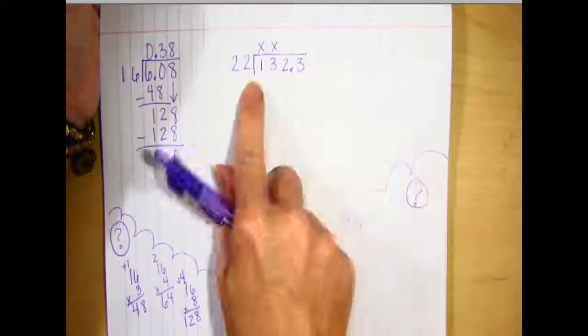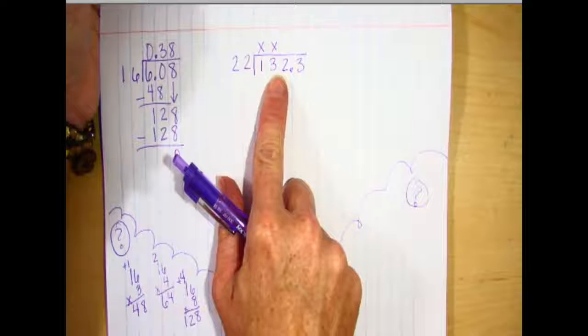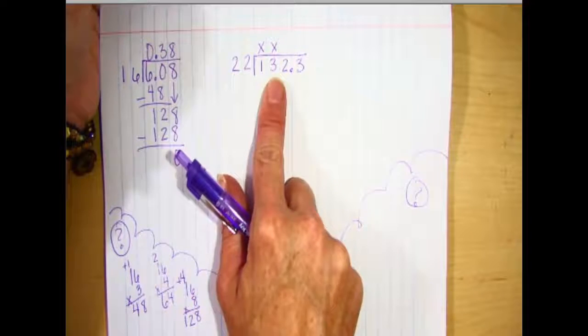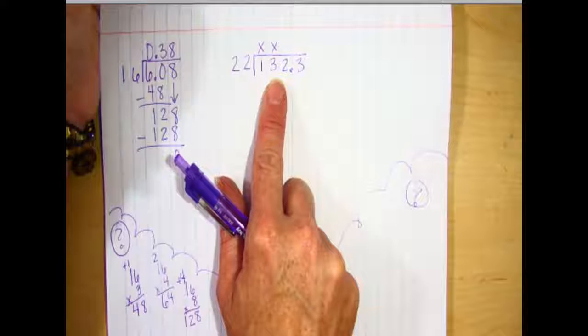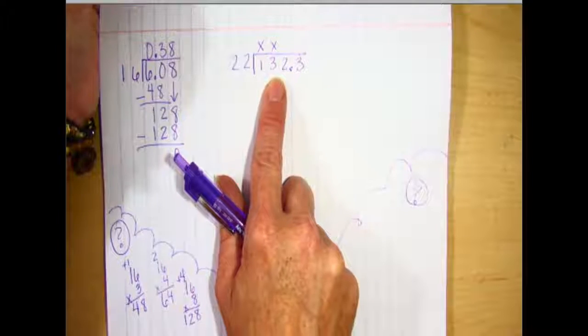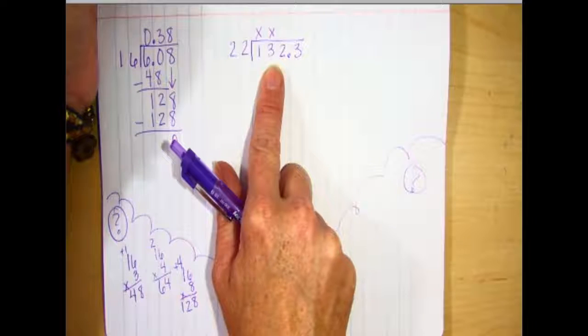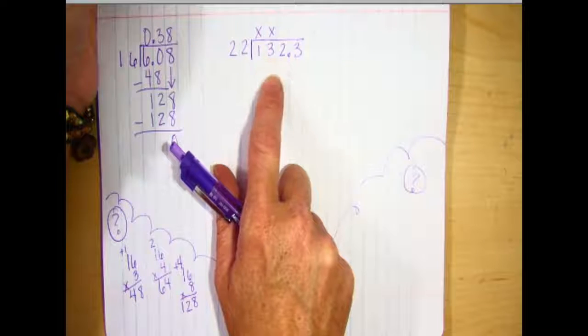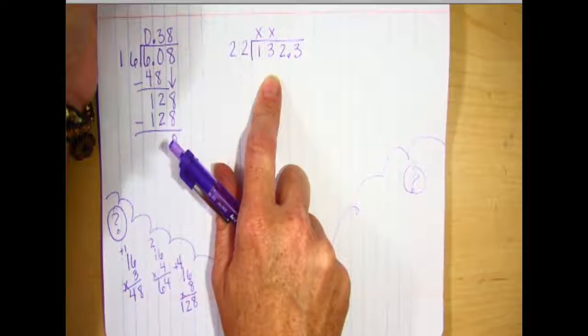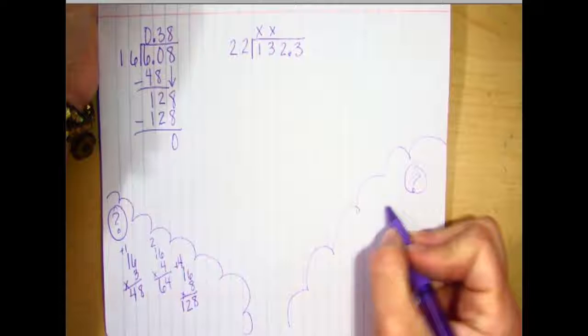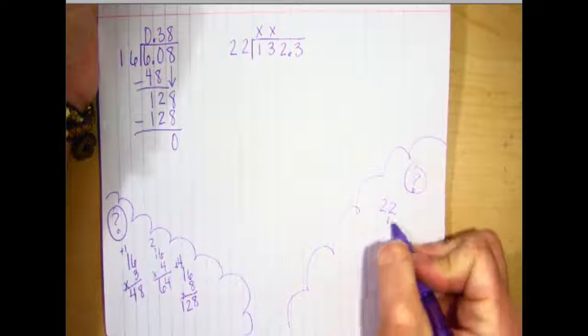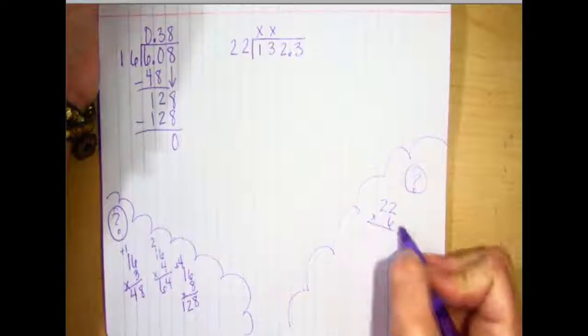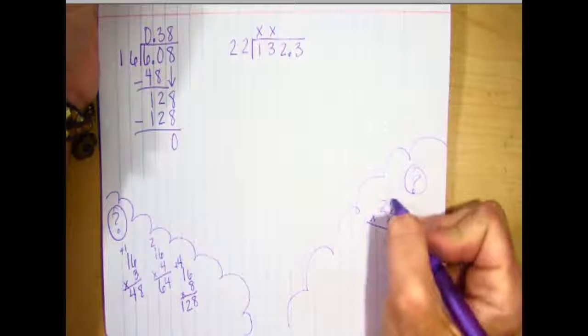Nope. 22 into 132. If you owe me $132, how many 20s do you need, Tim? Six. So what do you want your first guesstimate to be? Let's do 22 times 6. If you pretend it's money, you can usually figure it out pretty fast.